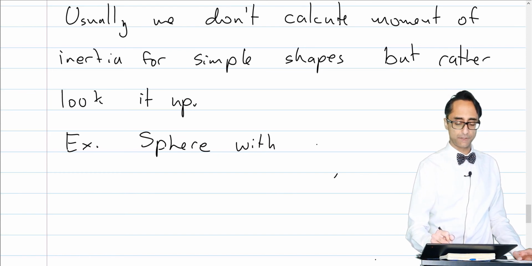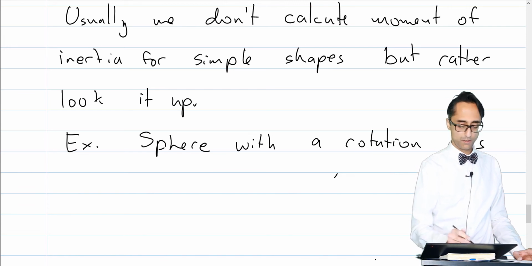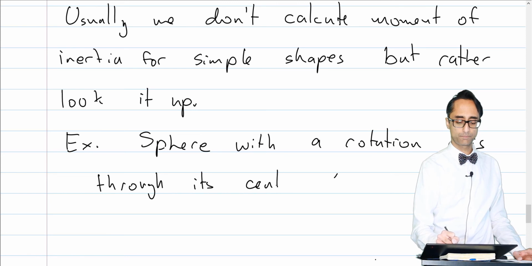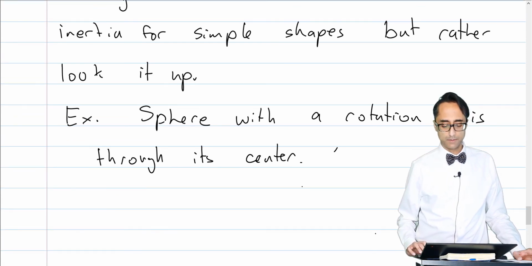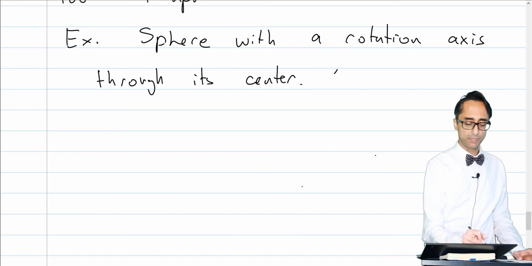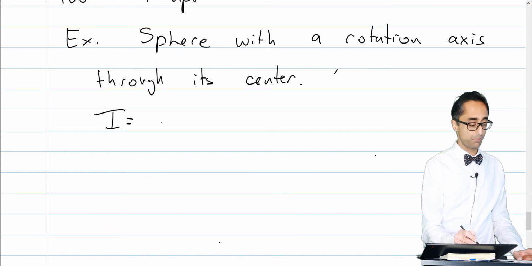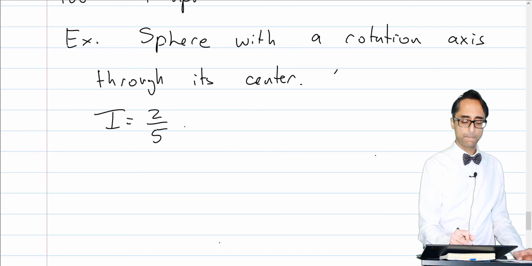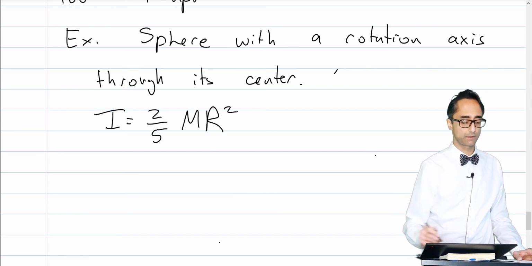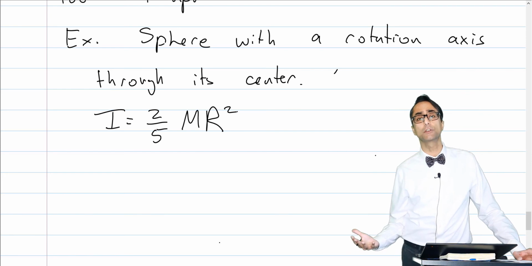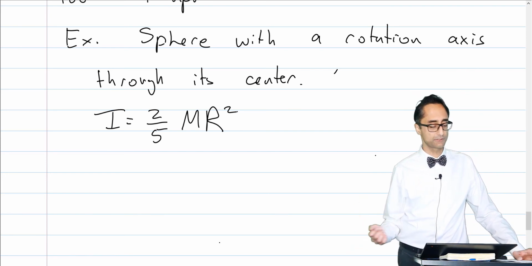So let's pretend we have a sphere with a rotation axis through its center. In that case, you can look up or do the integral to get a value of 2/5 m r squared, where m is the mass of our sphere and r is its radius.